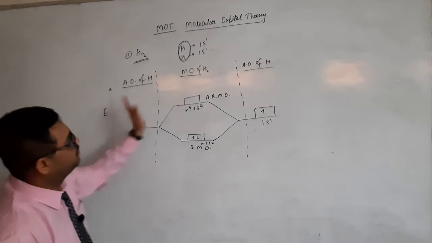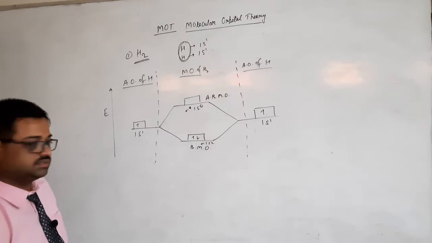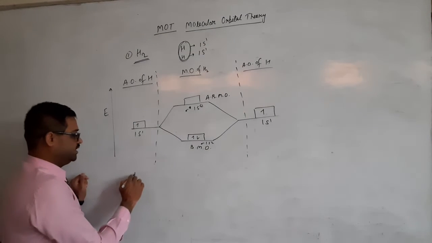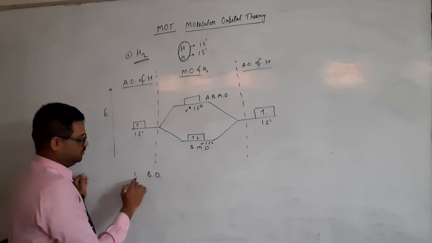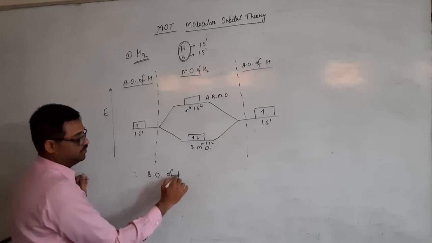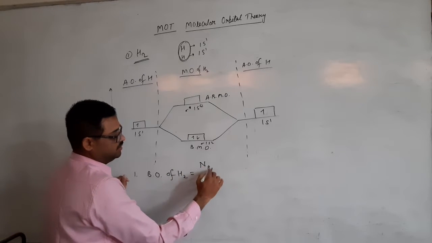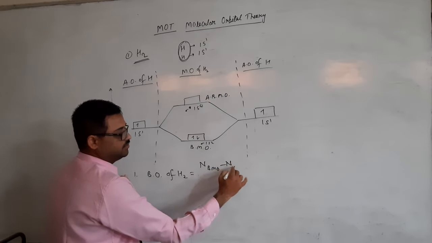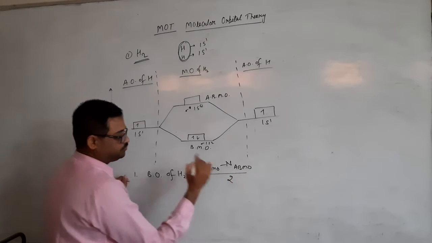So why are we making it? What is the benefit of this? I'll explain this. First, we can determine the bond order of the H2 molecule. The formula is simple: number of electrons in BMO minus number of electrons in ABMO, upon 2.